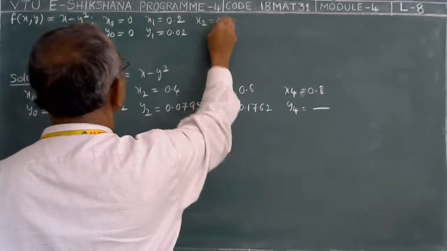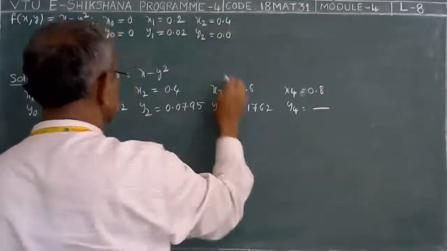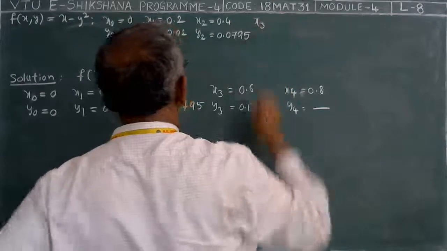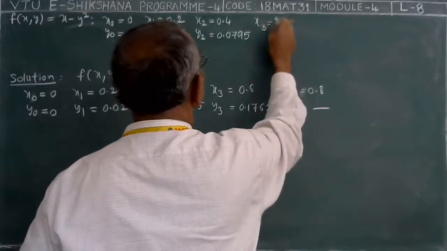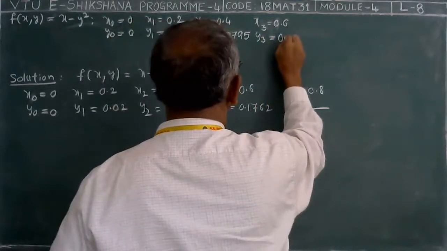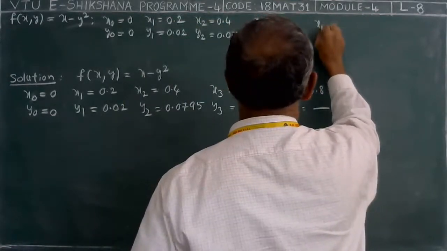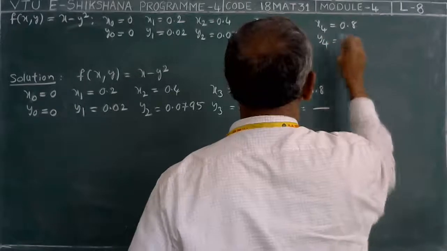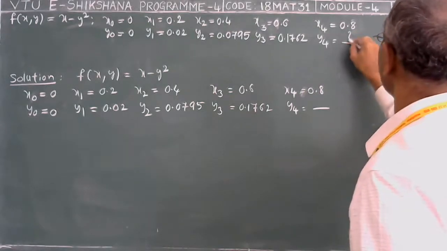Next value x2 is 0.4, y2 is 0.0795, x3 is 0.6, corresponding value y3 is 0.1762, and we have to find y at x is equal to 0.8.